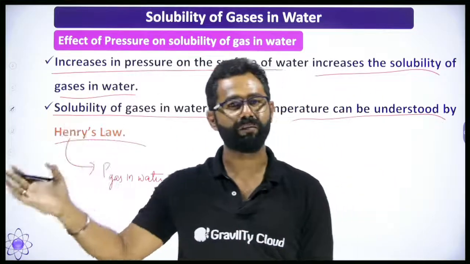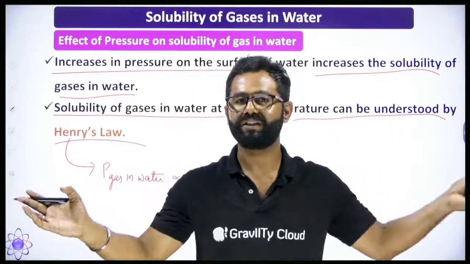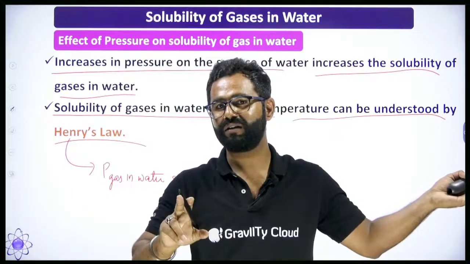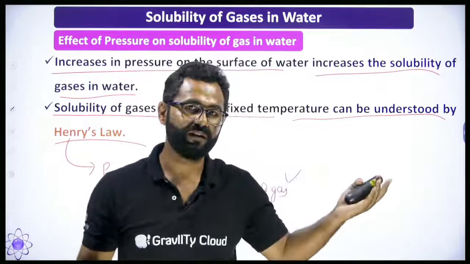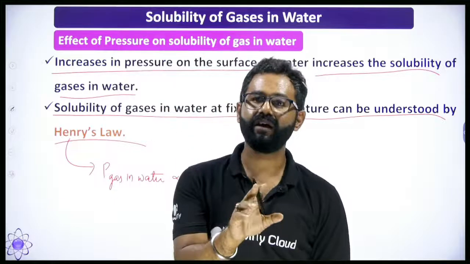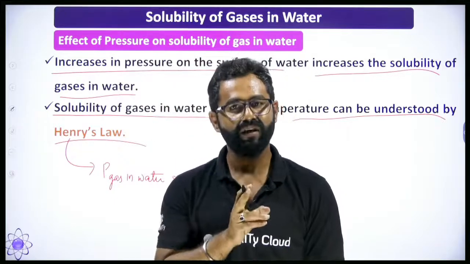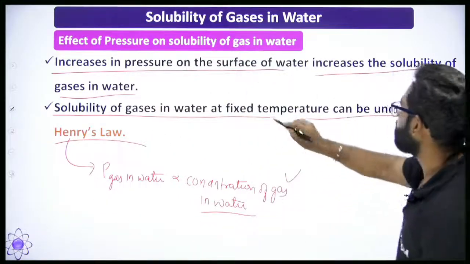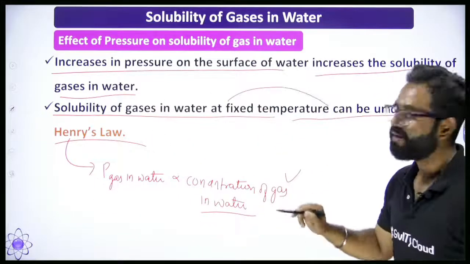One, with respect to temperature. Second, with respect to pressure. In temperature, the solubility decreases with the increase in temperature. In the case of pressure, the solubility increases with the increase in pressure. And the solubility of gases in water at fixed temperature is understood by Henry's law.